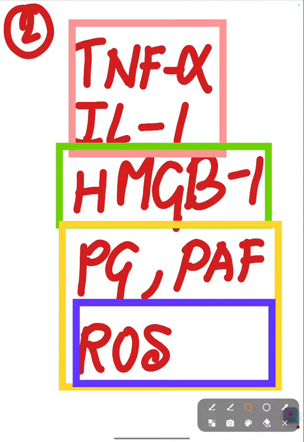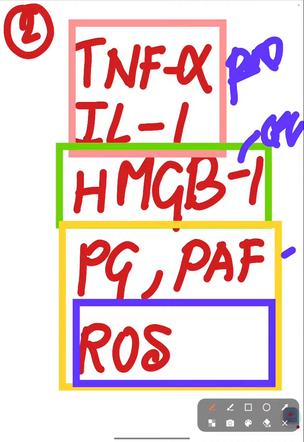So the activation of macrophages and neutrophils occurs due to these things.